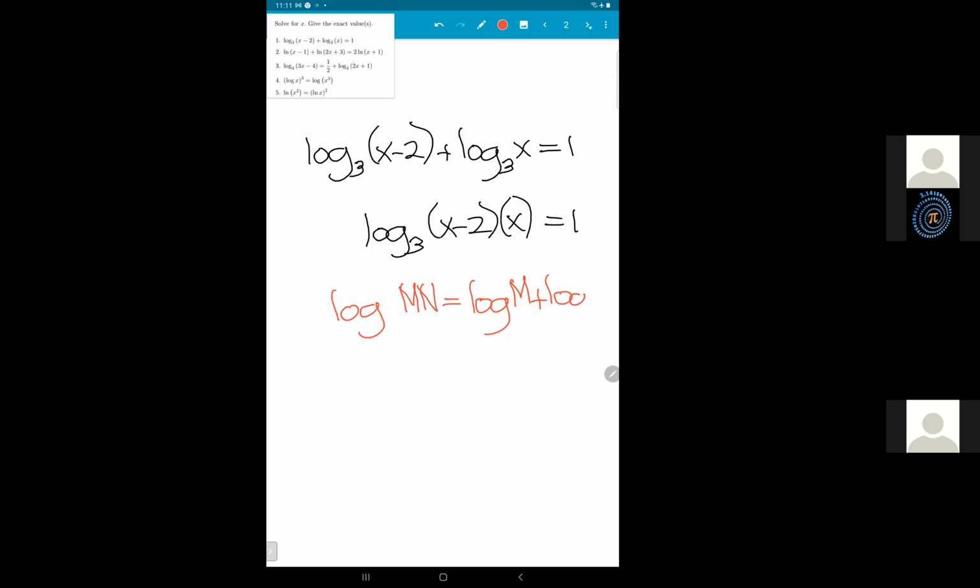Logarithms, remember, bear in mind, convert multiplication to addition. This is multiplication on the left-hand side. It is addition on the right-hand side, and vice versa. You can write a sum of logarithms as a single logarithm, and that's what we did here.